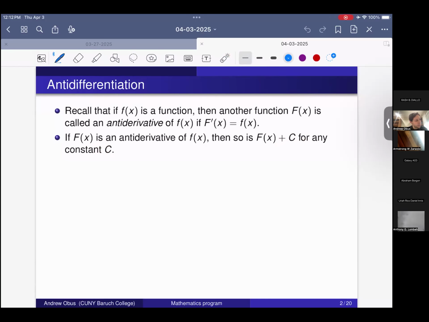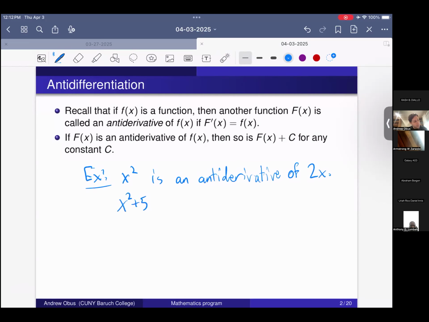So an example of this is that x squared is an antiderivative of 2x, but x squared plus 5 is also an antiderivative of 2x.